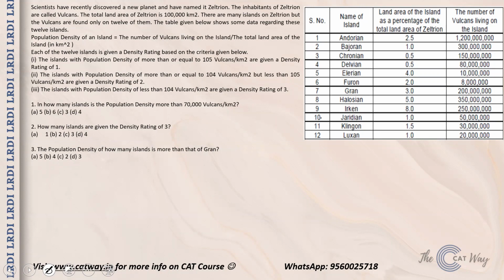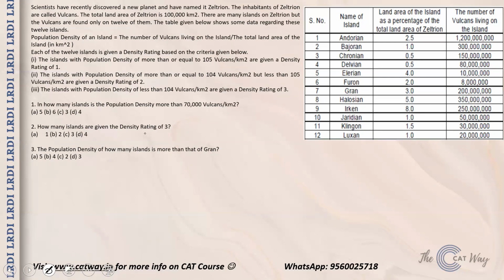And you have been given that the population density of an island is equal to the number of Vulcans living on the island divided by the total land area of the island. Then a few points have been given: islands with population density of more than or equal to 10^5 Vulcans per square kilometer are given density rating 1.